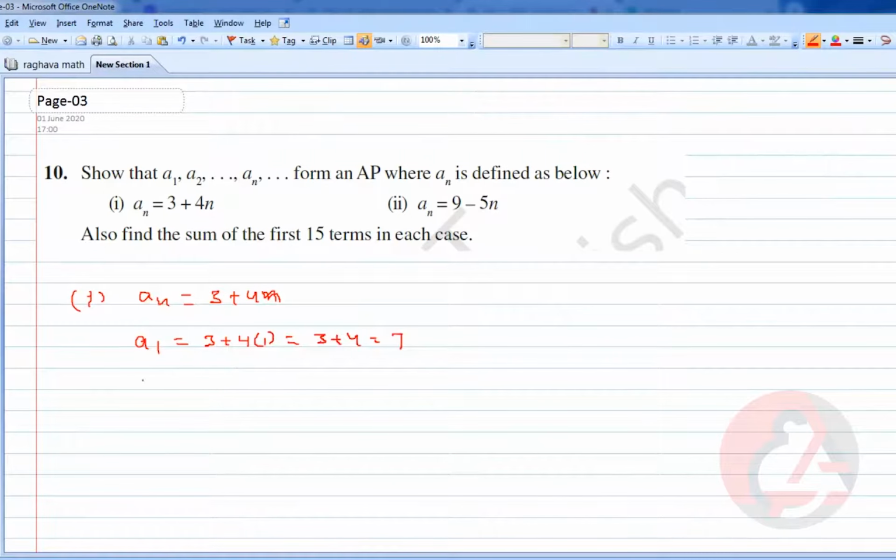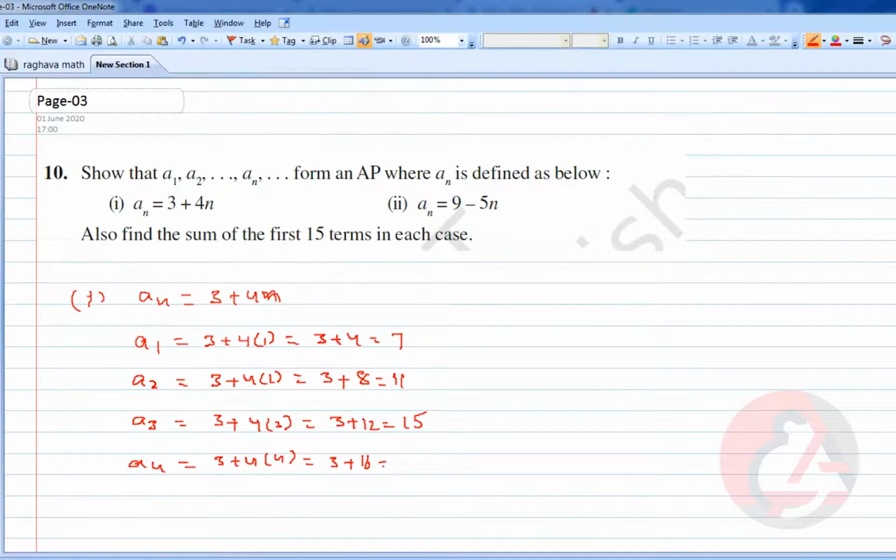If I want to find a2, 3 plus 4 into 2, so 3 plus 8, that is 11. a3: 3 plus 4 into 3, that is 3 plus 12, so 15. a4: 3 plus 4 into 4, 3 plus 16, so 19.